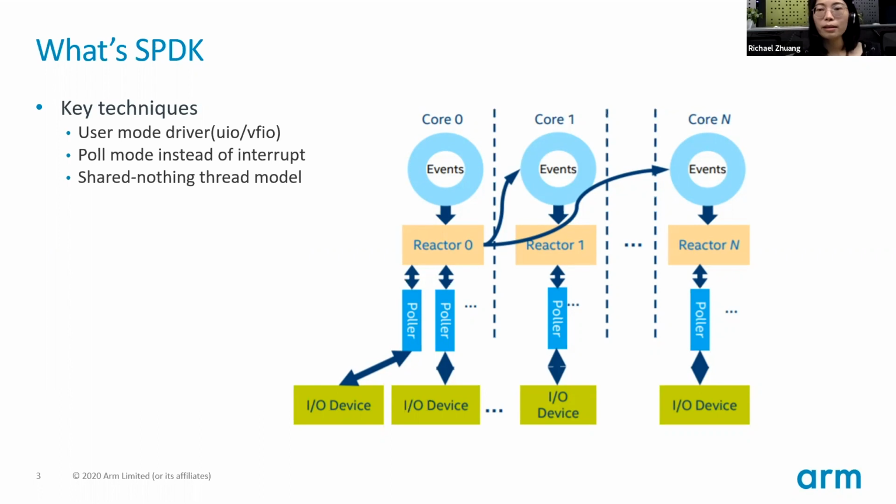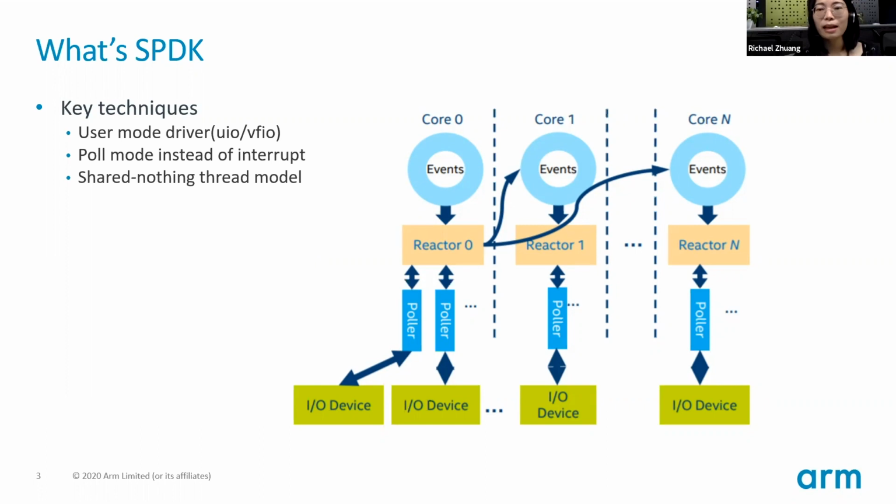One is that it uses user mode for storage applications rather than kernel mode. The devices that SPDK controls are unbound from the kernel space driver, and instead a UIO or VFIO driver is used for SPDK to operate devices directly from user space, which thereby eliminates costly kernel context switches.